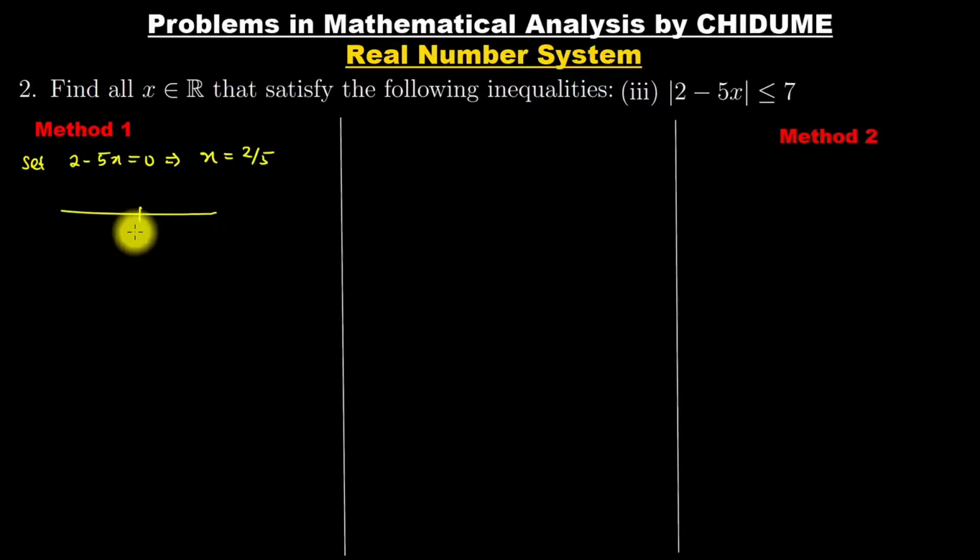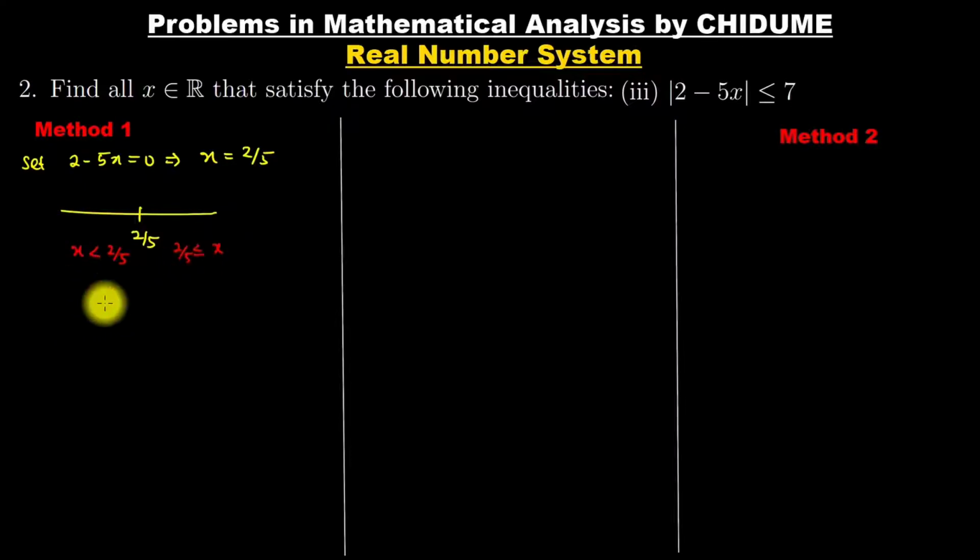Let's say my point here is 2/5. So I will have the section where x is less than 2/5, and I will have this section where 2/5 is less than or equal to x, or when x is greater than or equal to 2/5.